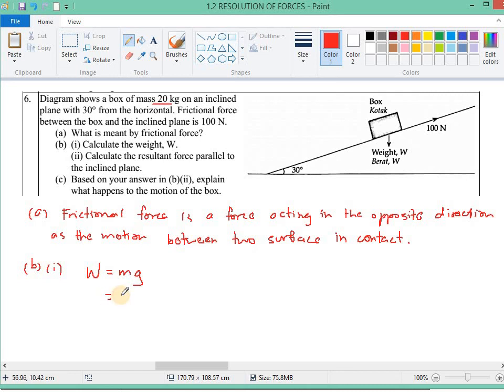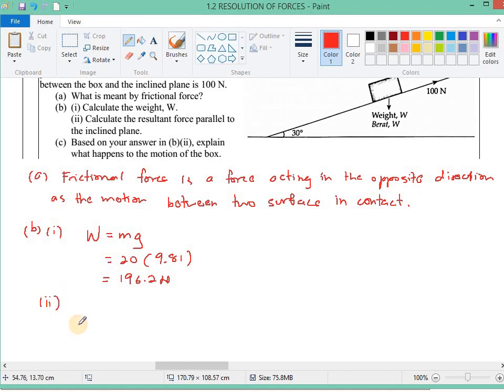The mass is 20 kilogram, and the gravitational field strength is 9.81. So you should be able to get 196.2 Newton.